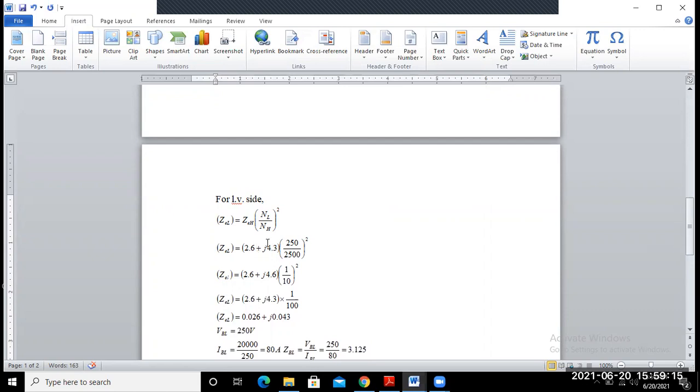Now this value is transferred to the low voltage side, so multiply by (250 divided by 2500) all to the power 2. Okay, so you will get the value of ZEL, that means the equivalent impedance along the low voltage side. So you should practice some problems based on this per unit system.